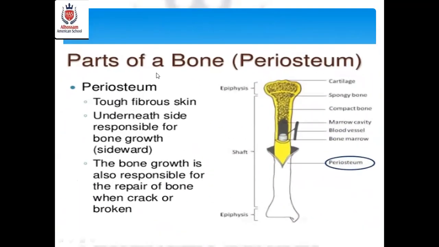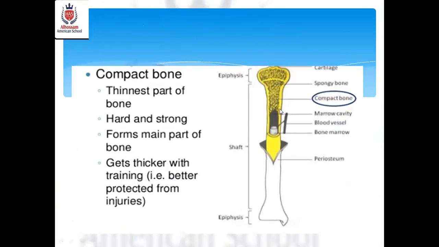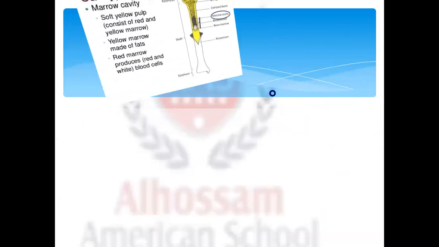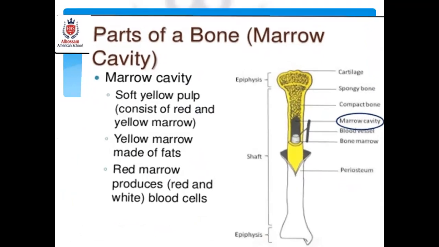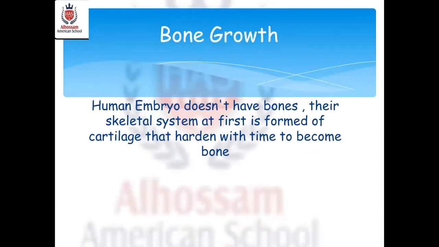So again, bones are formed from an outer layer called periosteum, which protects the bone, followed by compact bone, followed by the spongy bone, which looks like a sponge, followed by the cavity that contains the yellow marrow, for storage of fats and minerals. So this is the part that involves the bone structure.